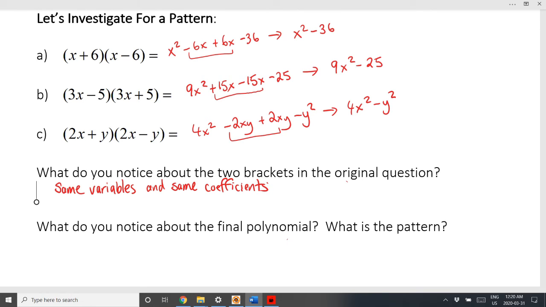But you may also notice that they have opposite signs. And I'll just write that example down at the top here. X plus 6 and x minus 6.